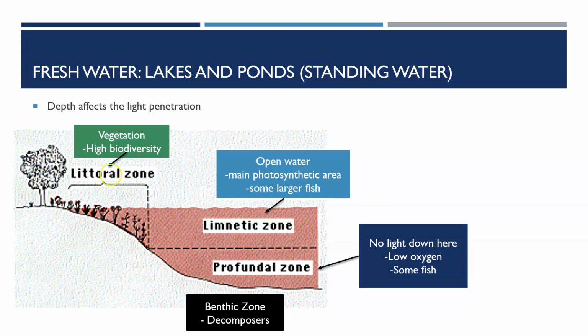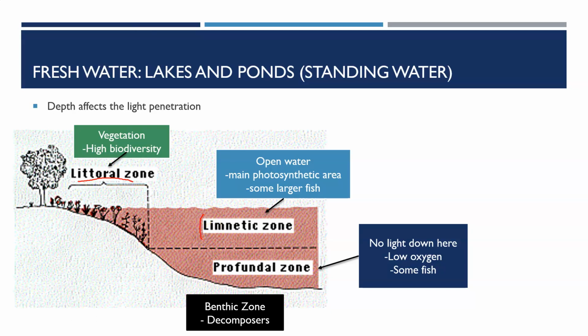So some terms to know here, we've got something called the littoral zone. This is where the diversity is of all the life you find in a pond. So there's a lot of vegetation, it's shallower, you're going to have a lot of different fish species hanging out over there, compared to the limnetic zone here in the center.